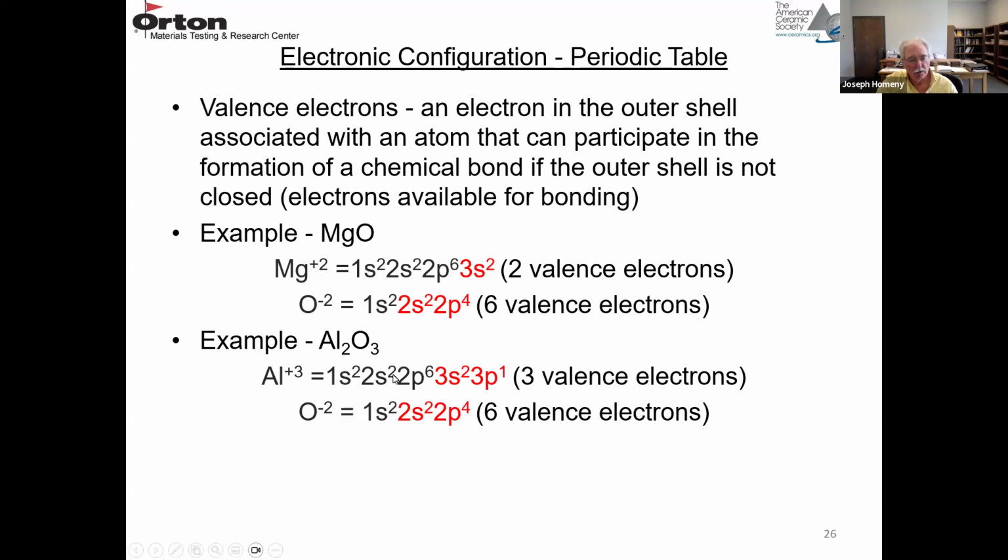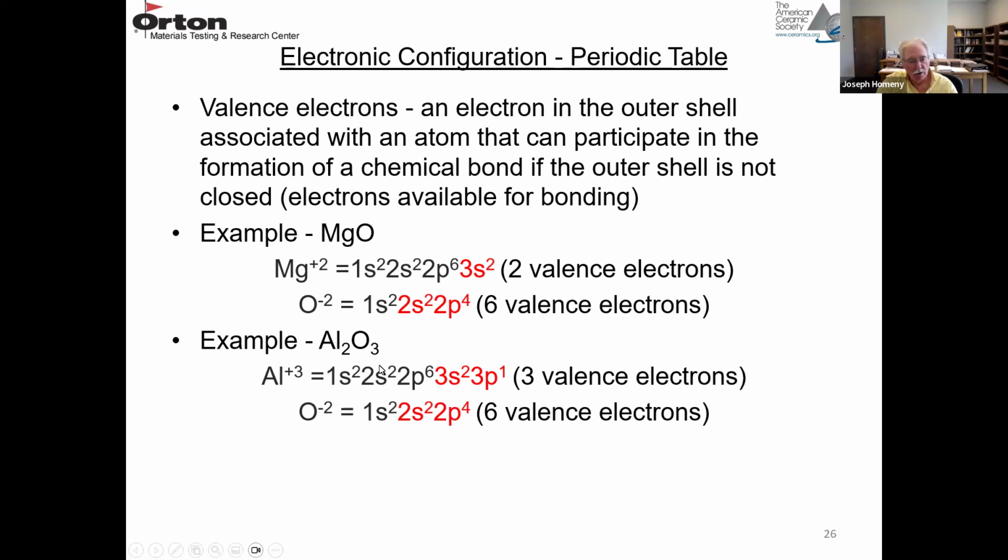So that's an example of another ionic bond. And Al2O3, Al plus 3 and O minus 2. 3s2 and 3p1 are the 3 valence electrons that can react. And oxygen, again, has 6 valence electrons, 2s2 and 2p4. So each aluminum atom gives up 3 electrons and becomes a plus 3 cation, and each oxygen gains 2 electrons.